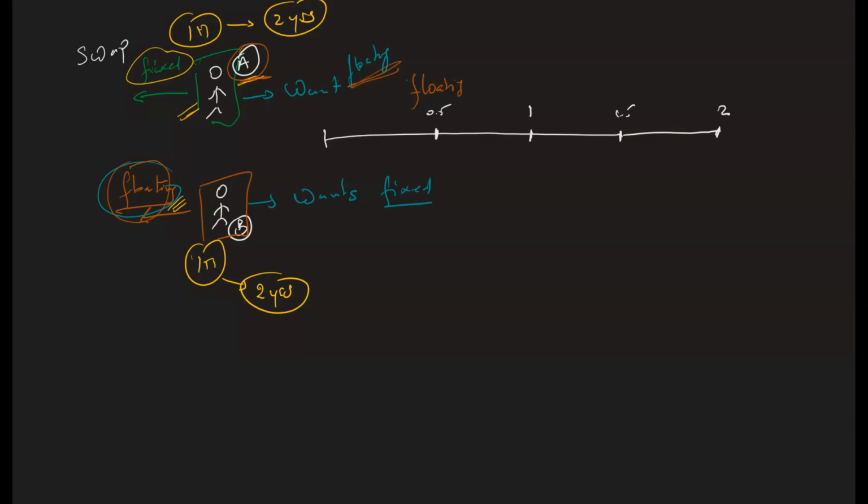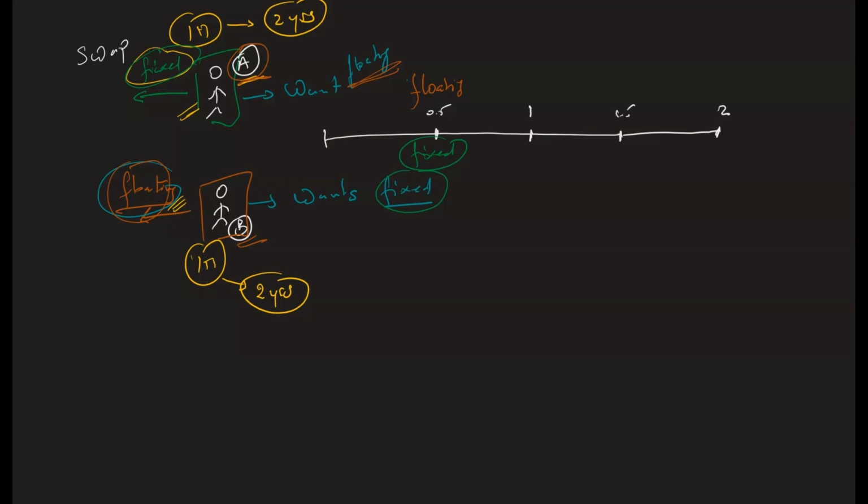And in exchange for the floating rate, B is going to offer to pay the fixed rate that A doesn't want. So B is going to pay the fixed rate. Now, they are not exchanging apples to apples, so they are not the exact amounts that they exchange, but that's the idea.